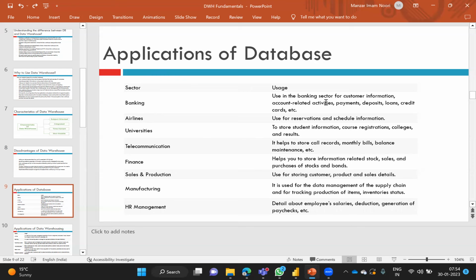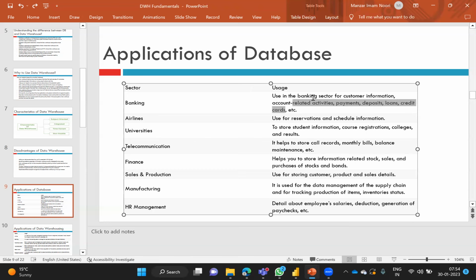For banking, you have account-related activities, customer information systems, payments, deposits, loans, credit cards, and so on. For all of these you have different applications, and you are using the database for each of them.